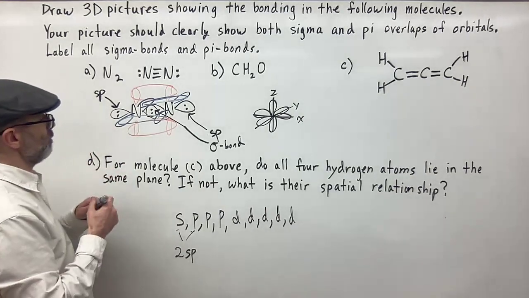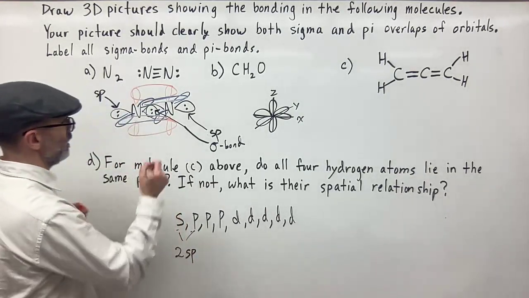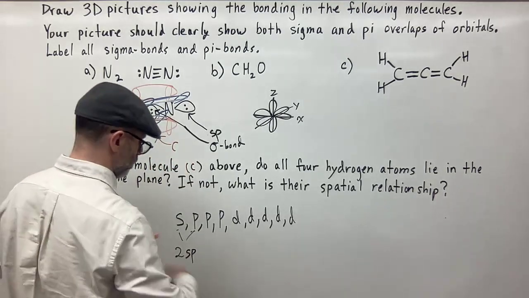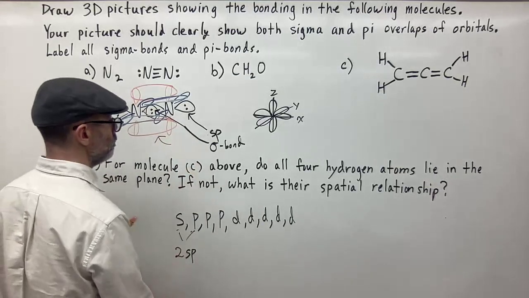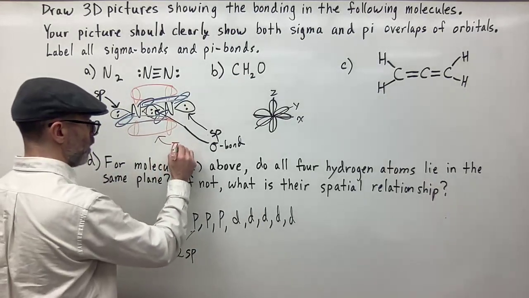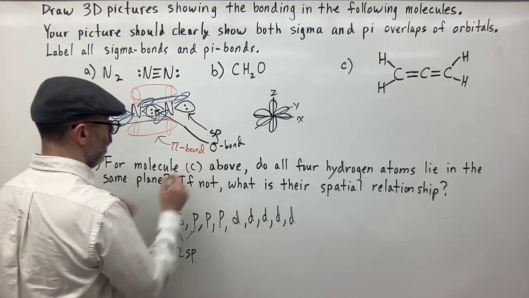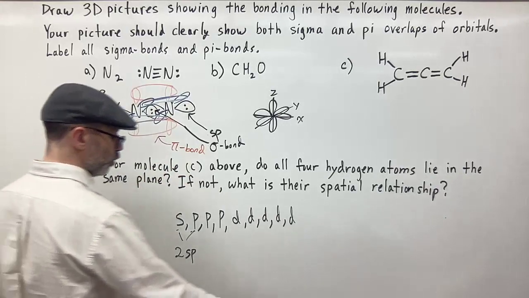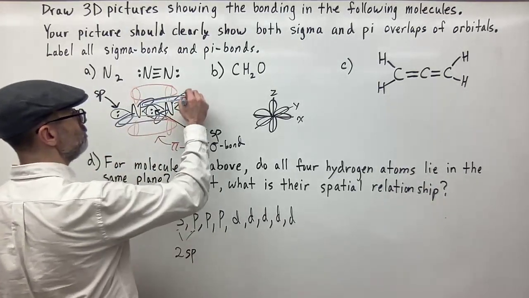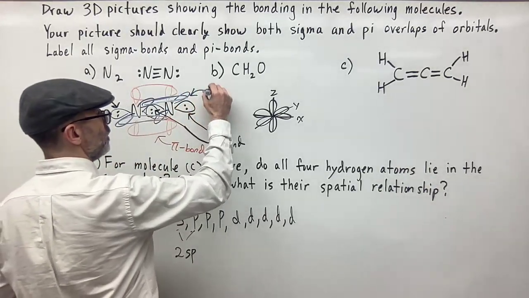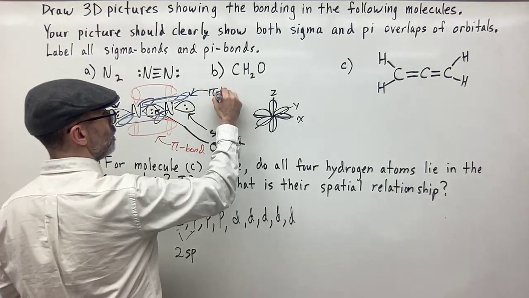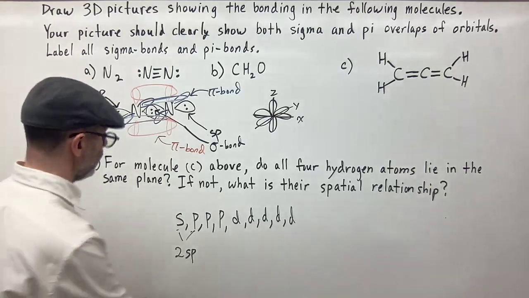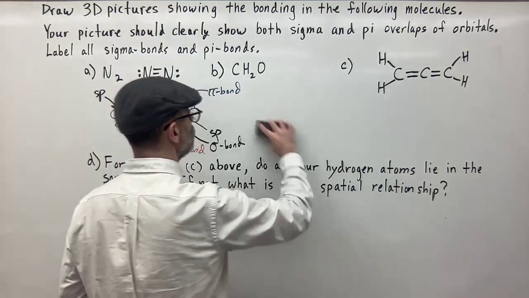And then you've got your unhybridized orbitals. This is going to be your pi bond. Again, that's the Greek symbol pi. So this is your pi bond. And then the blue here, this overlap is going to be your pi bond as well. Okay, I hope that's helpful.